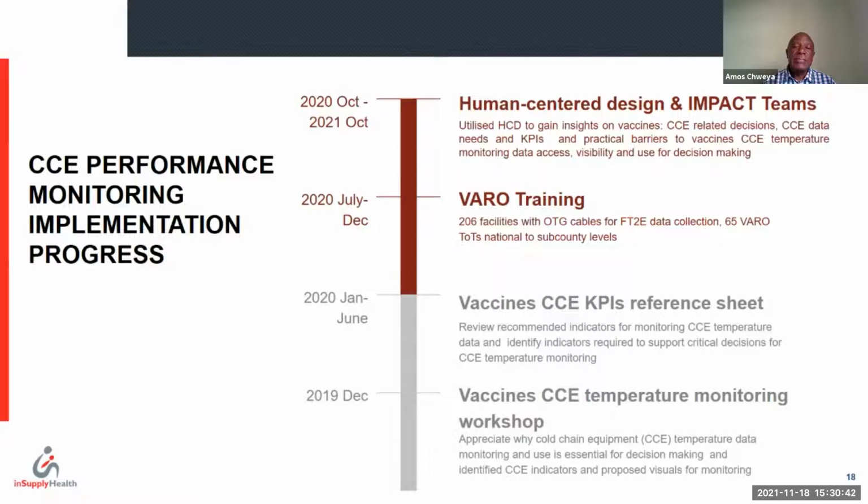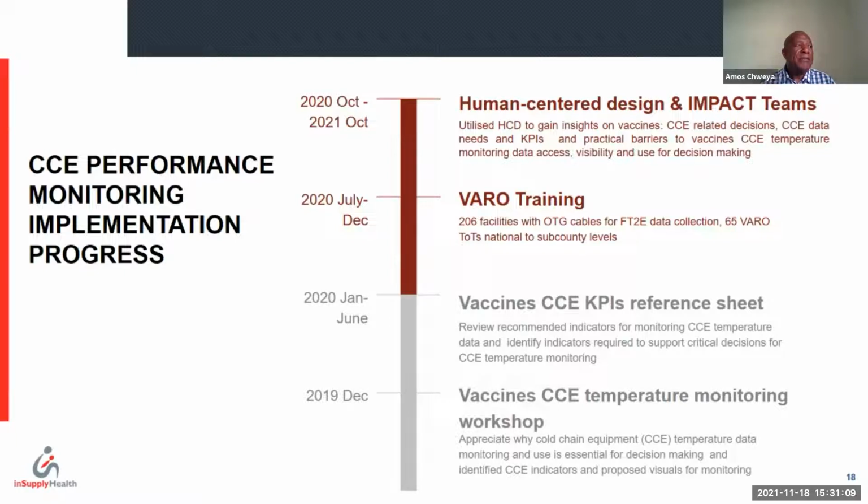So the journey here started way back in 2019 when the country, together with partners, came together in a workshop to appreciate why cold chain equipment temperature data monitoring and use is essential in decision making. We had all the cold chain experts in the country.